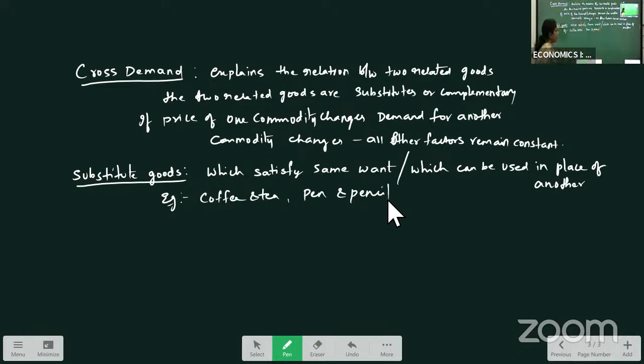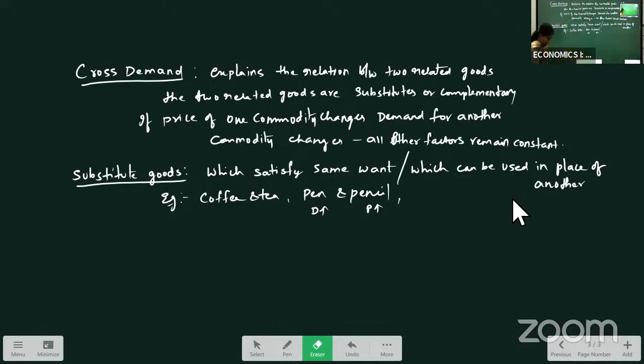Okay, in this case, what will happen? For example, if the price of pencil increases, we will not buy that one. We will replace it with pen. So demand for pen also increases. These two are substitute goods. Or you can take one more example, like electric vehicles and petrol vehicles, right? If petrol price is high, we don't prefer petrol vehicles.